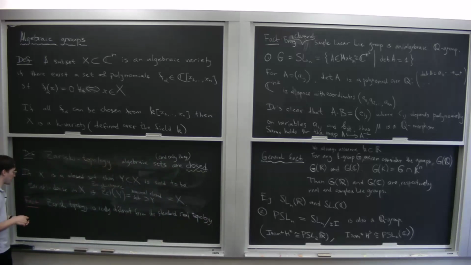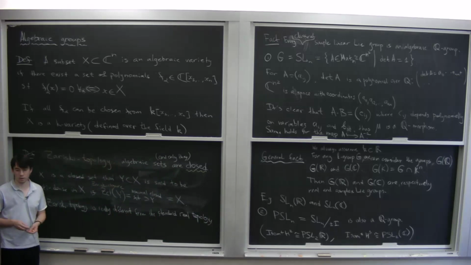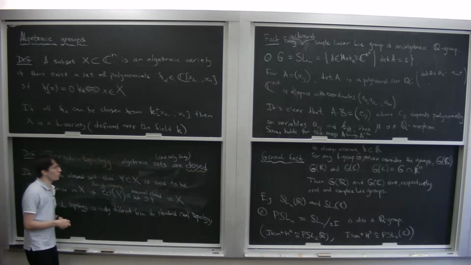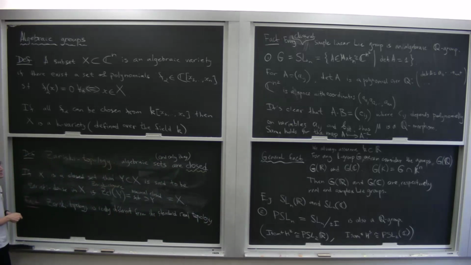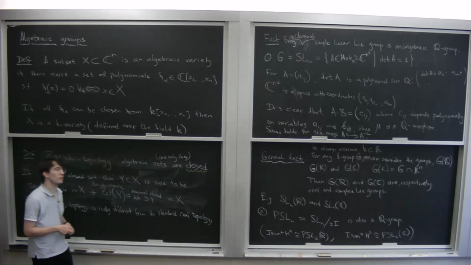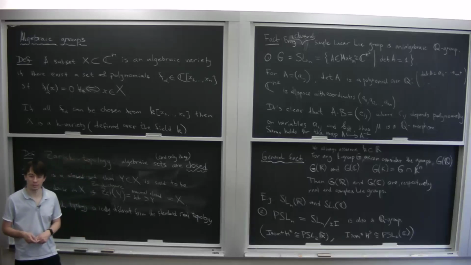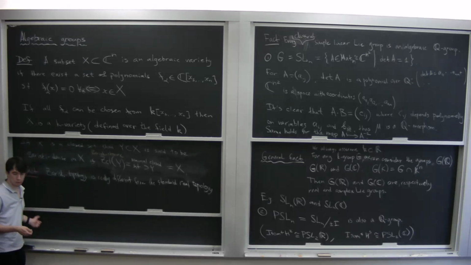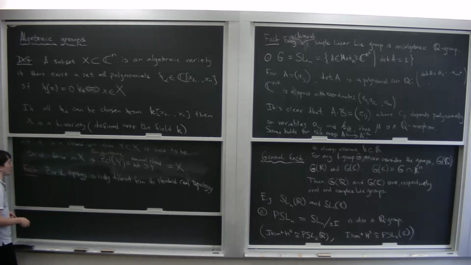I like an example of Z sitting in R. Z in R is a very discrete set in the real topology, but it is Zariski dense. The same is true in C. It's infinite, and we cannot have infinitely many roots of polynomials. Well, I can give two examples.